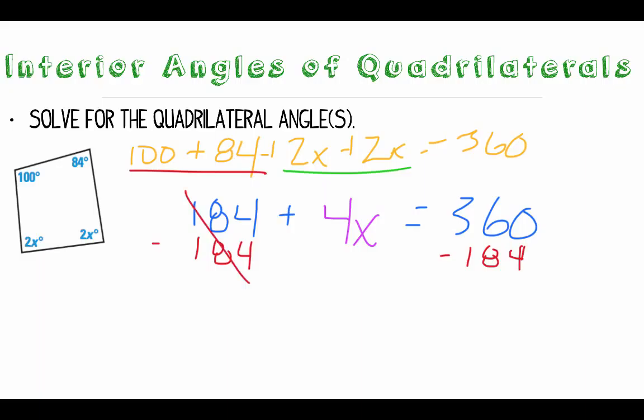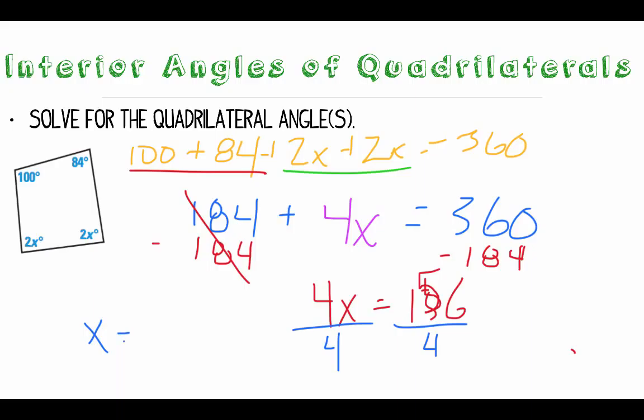And now that those are canceled out, we have 4x equals 156. So now that we have 156 in place, the next step is to isolate x even further: divide each side by 4, and x comes out to equal 39.